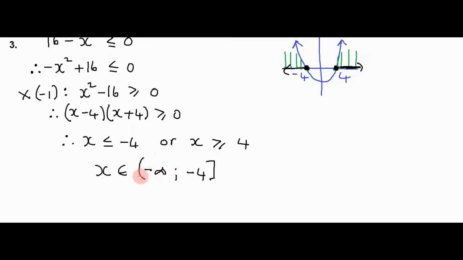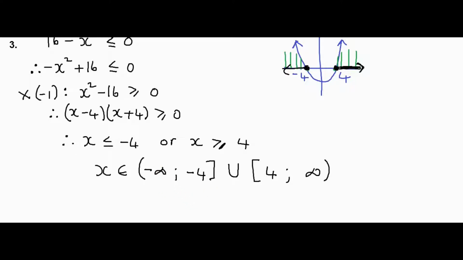And we always exclude positive or negative infinity, so we're always going to have a round bracket on the side of positive or negative infinity. Then it's a union with the second interval, which goes from 4, including 4, to positive infinity, but once again excluding positive infinity.